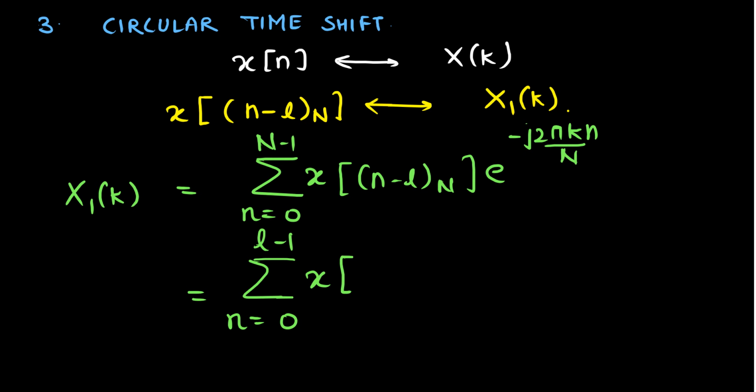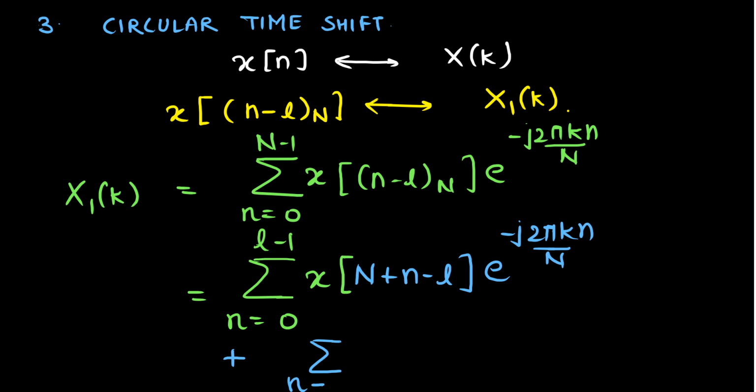Now when this n is ranging from 0 to L minus 1, at that time this entire thing that is inside this bracket is going to be less than 0, and we know that when we have it less than 0, we can just write it as N plus this value, and therefore we can write this as N plus n minus L into e to the power minus j 2 pi k n by N, and we have the second summation as summation n running from 0 to N minus 1.